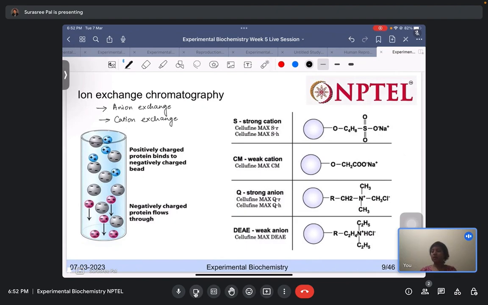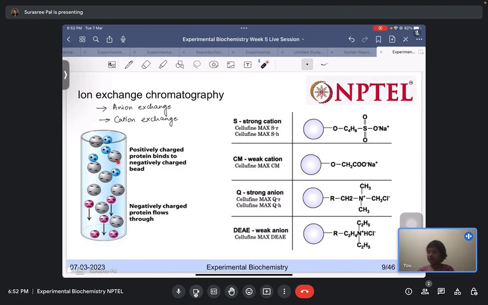So if the matrix is negatively charged, that means the beads are negatively charged, then the positively charged proteins will bind to the negatively charged beads by electrostatic interaction, right?